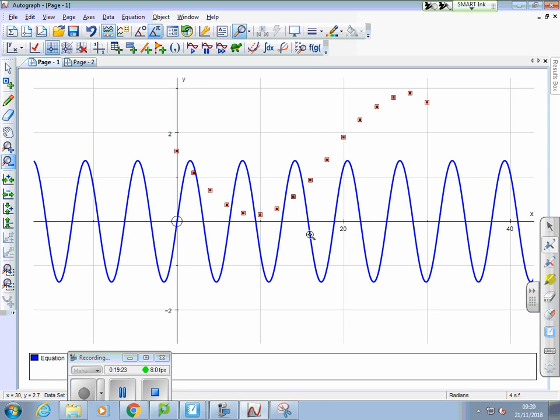So we've got more or less the right amplitude. We can make minor adjustments towards the end. And just take a snip of that.